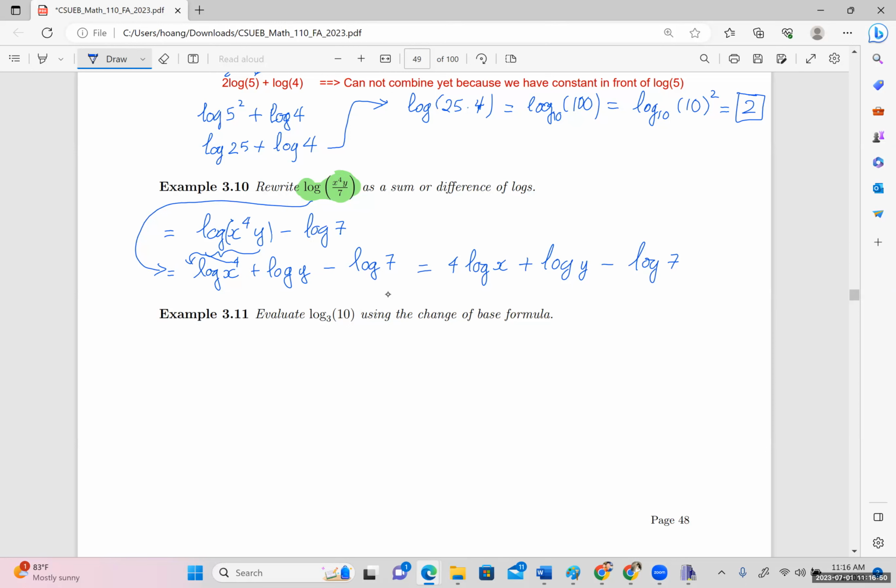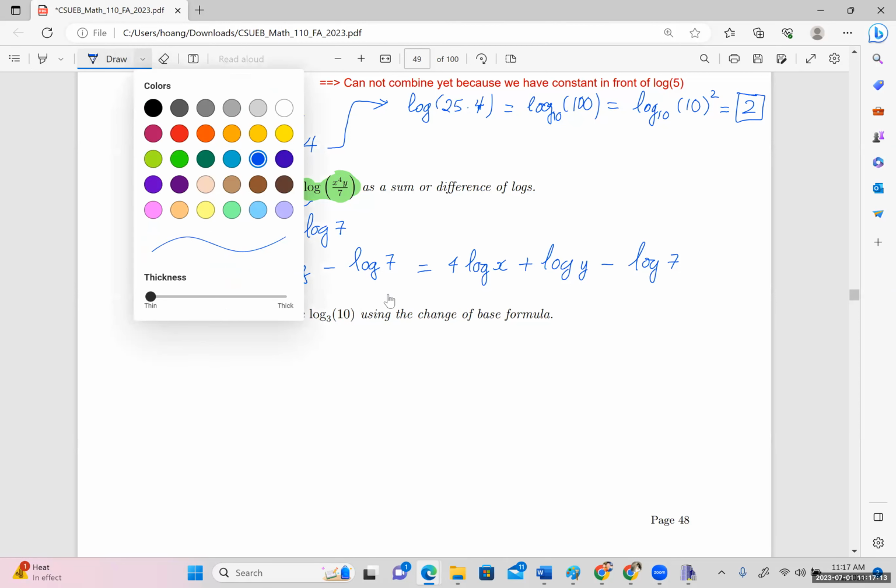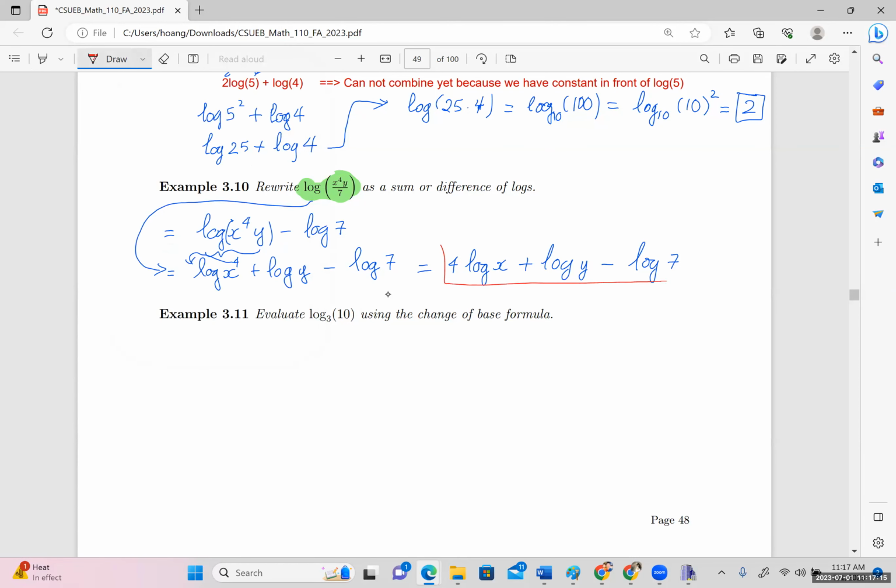For the second step, I would love to make sure I have the parentheses there. The reason is I don't want you to forget or mess it up to be a log of x power 4, and then the y is not in the argument, right? So make sure I have parentheses there. The answer must be this one.